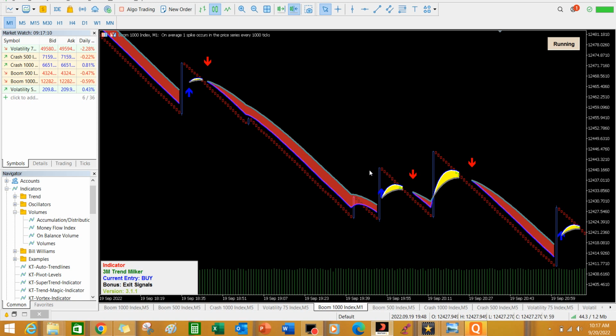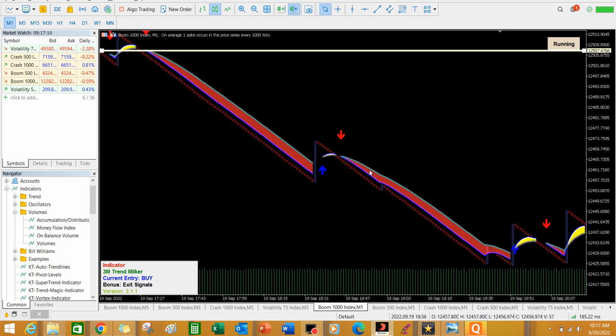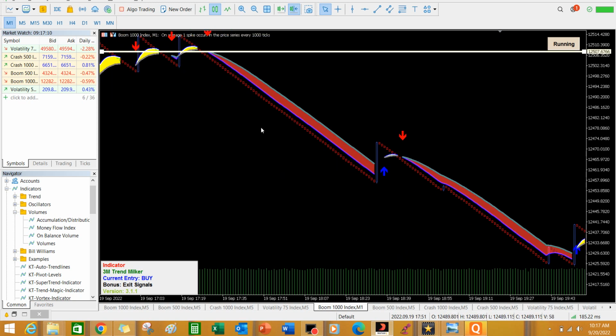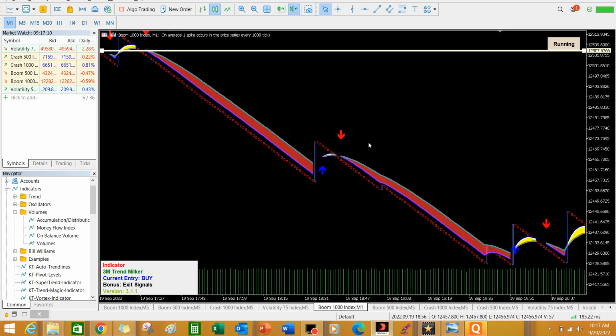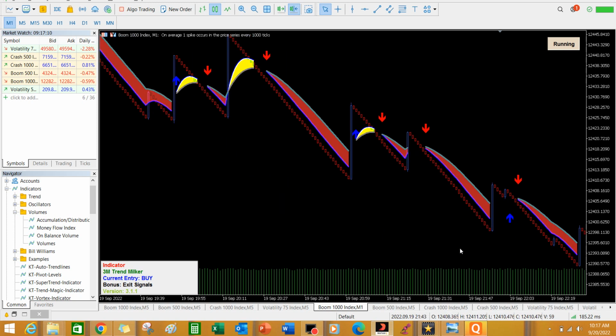Then there is also an exact time. There is an exact time that we usually have more spikes happening, and I'm going to prove that to you. You can see that this is boom. Around here we were able to see the bearish candle for a very long time before seeing this spike. We saw another bearish candle for a very long time before seeing this series of spikes happening.